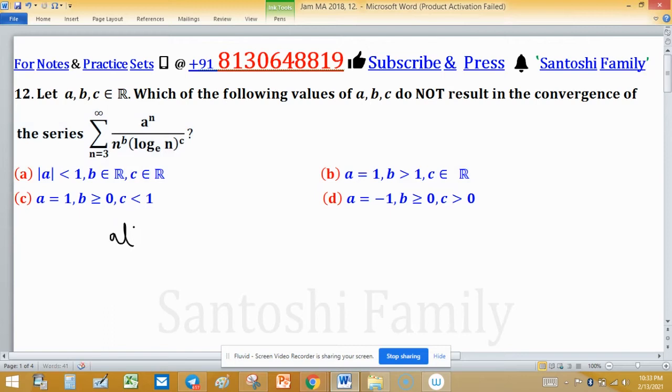It will be an alternating series when a is less than 1, particularly a equal to minus half. You have many results for positive term series, and for alternating series you have either the Leibniz test or one or two more tests to justify or solve this problem.